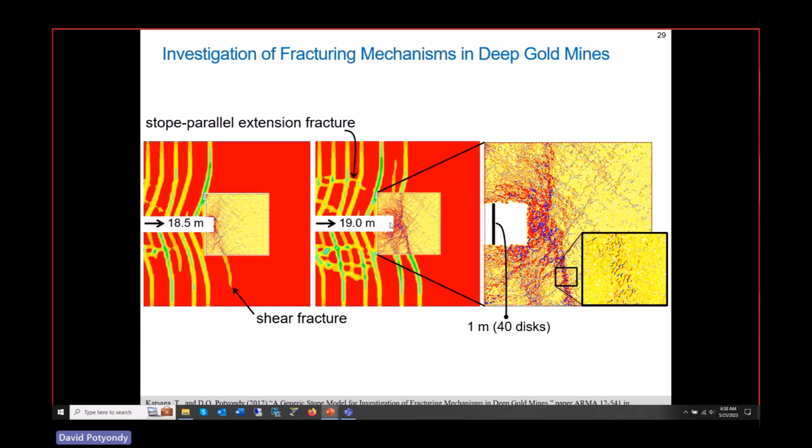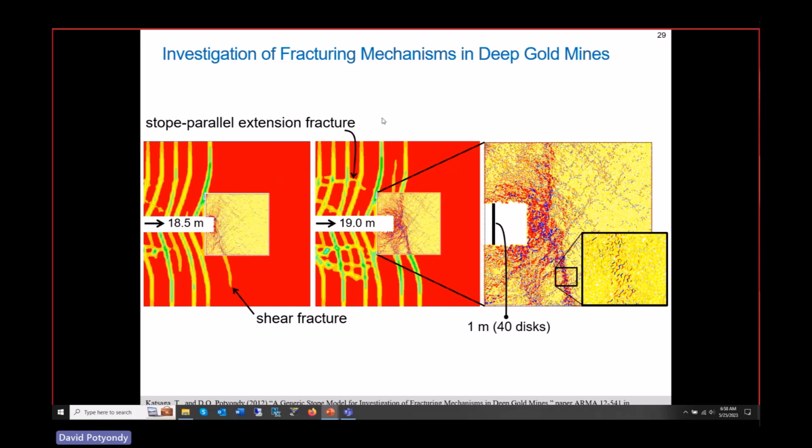As we keep going forward, here's another shear fracture that's beginning to form. And of course, we can look in detail at the detailed physics of what's happening in a shear fracture. There are people who use PFC to do that type of work as well. The one interesting thing, I'm not showing the whole 19 meters, but these shear fractures keep forming as you advance, and then because you have a big unsupported span that starts bending down, you get these tensile fractures that form above it.